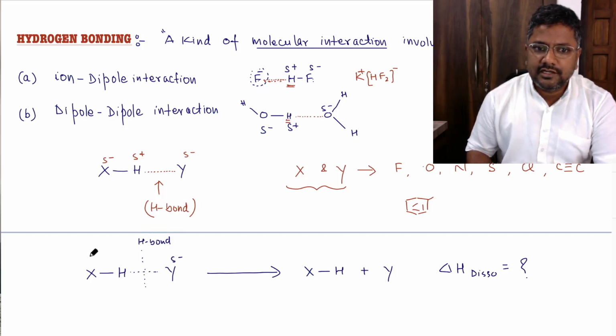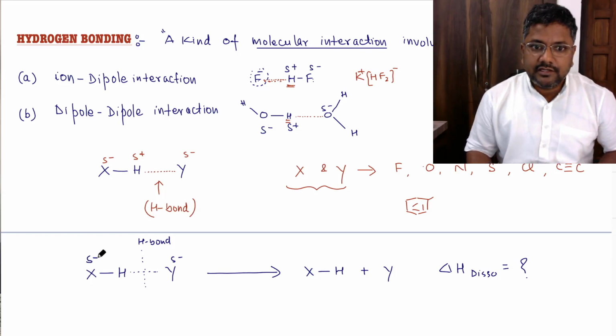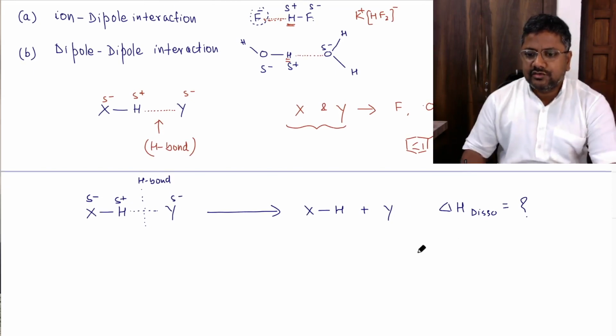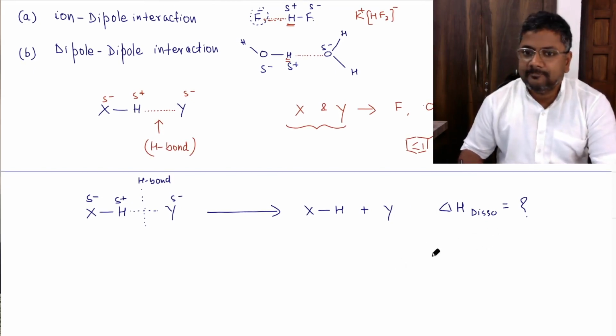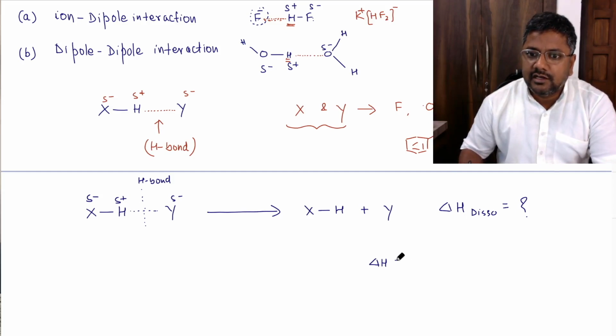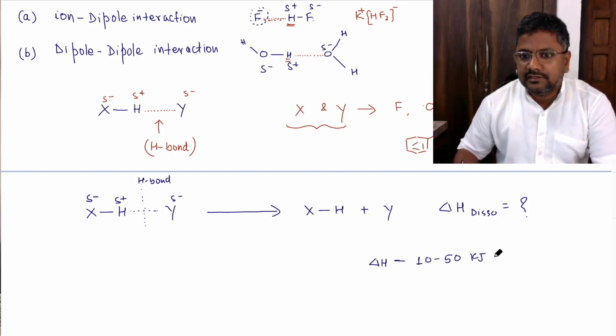This is delta negative, this is delta positive. See, on the basis of this delta H, if the delta H dissociation varies from 10 to 50 kilojoule, then such types of hydrogen bonds are said to be weak hydrogen bonds.